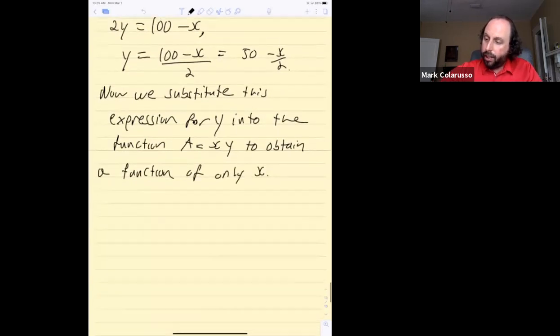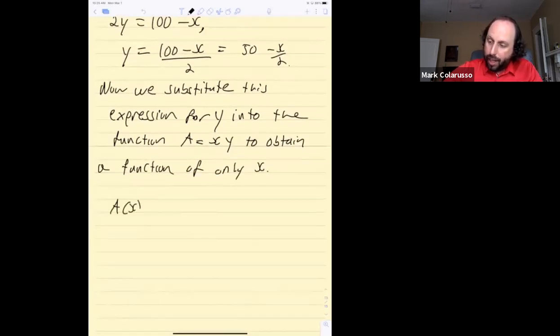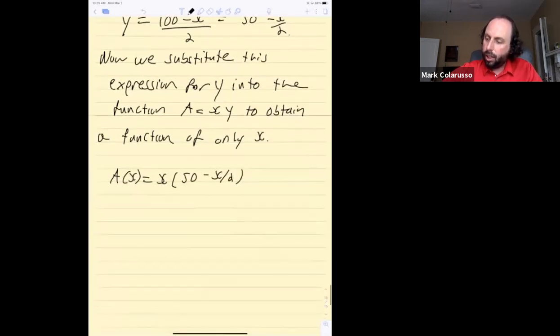So let's do that. So we get area of x is x times (50 minus x over 2). And simplify. Oh, so that's the end of step 3. So that's our function in terms of x.